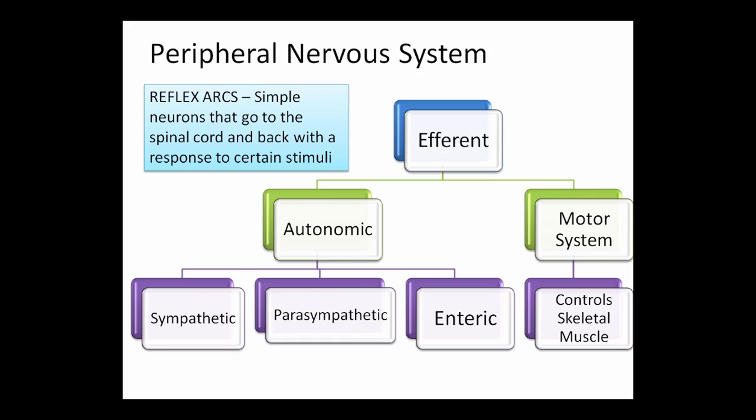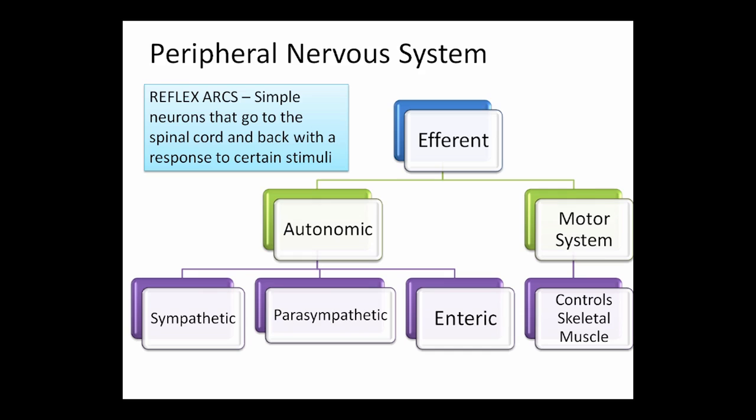Some of the efferents are going to be part of that autonomic nervous system. Some of them are going to be part of your motor system. Now, your motor system is what you voluntarily use to control your skeletal muscles. Your autonomic nervous system, those efferent nerves, are the ones that are going to be in that sympathetic, parasympathetic, and enteric nervous system or division.